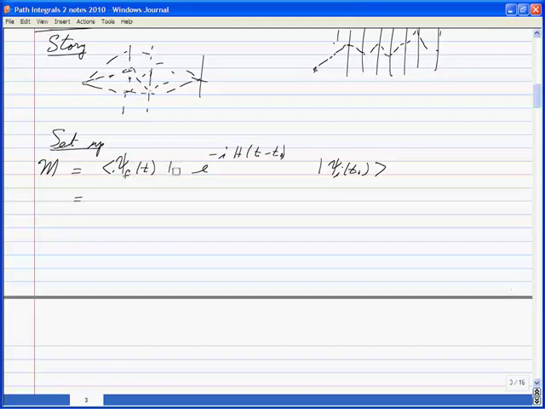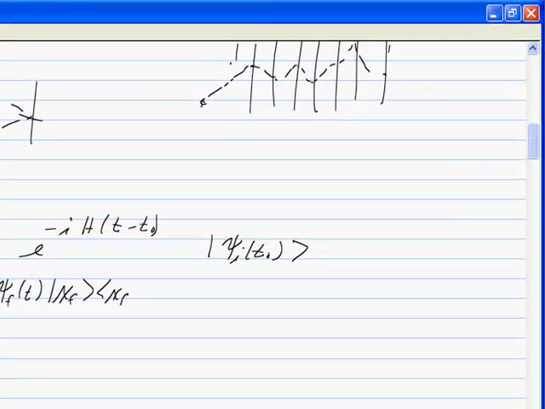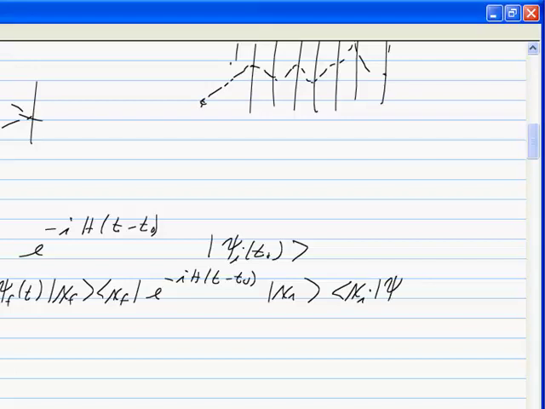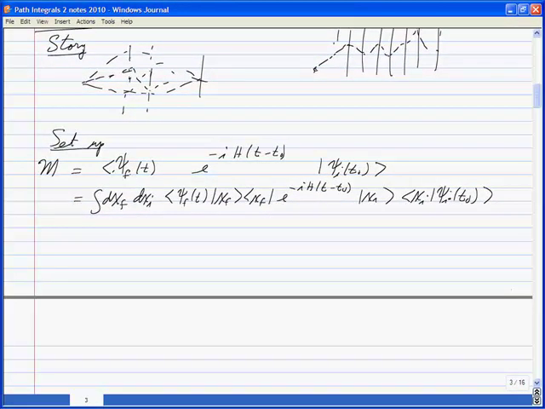So if I put in x_f there, I put a complete set of states. Well, let's do it here. Let's do it the next line. I write the integral dx_f dx_i of psi_f of t, x_f, e to the minus iH(t minus t0), x_i, psi_i of t0. Okay, so I've put complete sets of states, position states here and here.